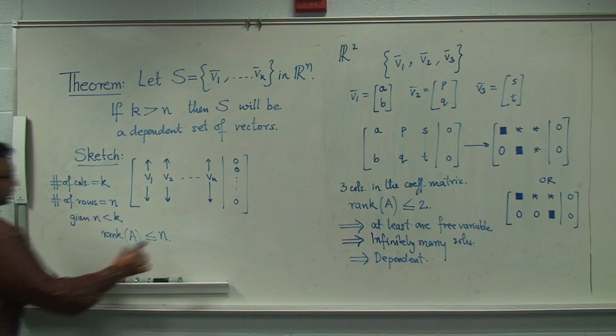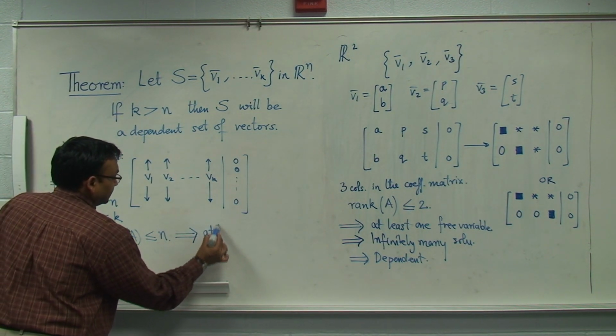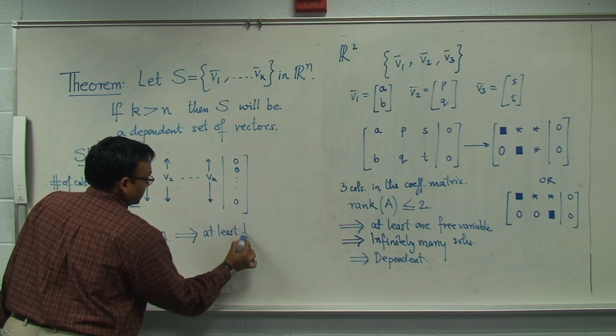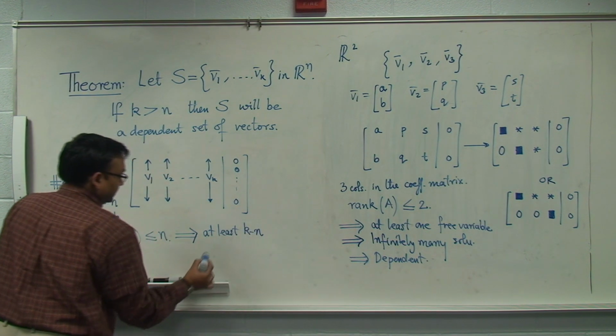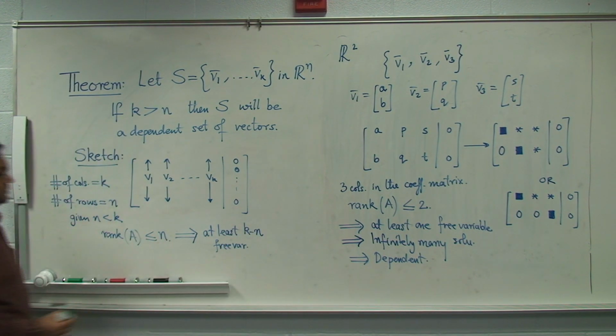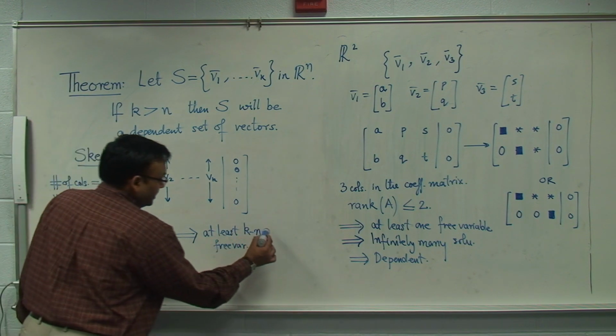So if it is no more than n, then we can definitely say that we have at least k minus n free variables. So even if we have all n pivots, whatever is the difference between k and n, we will have that many free variables.